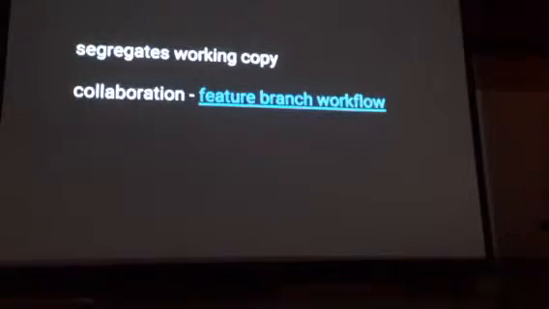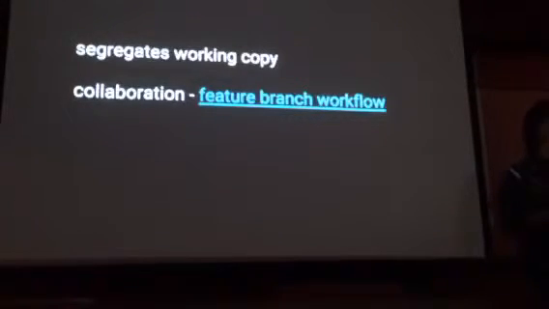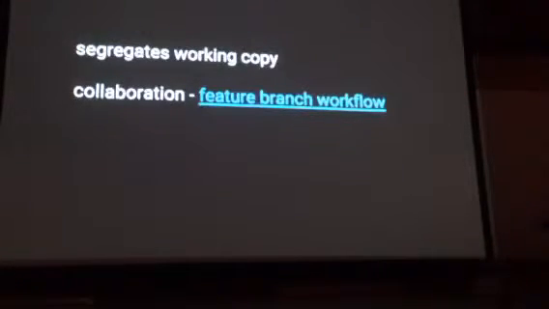The other thing is collaboration. As Roger mentioned, you can have someone working on their own branch. So someone could be doing the analytics branch of your project, and someone else could be working on the development branch of your project. And by segregating workflows, they don't have to keep track of what the other person has changed, right? Because all their changes are segregated into their own branch. I put a link in here.